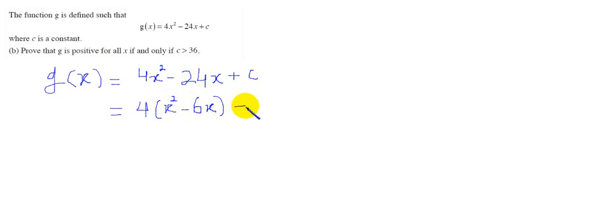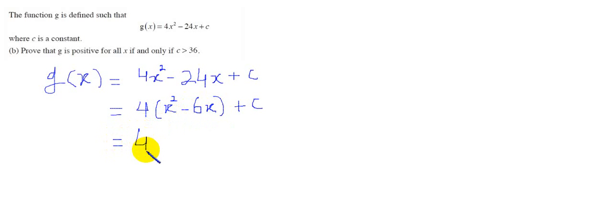Let's do it in the next step, otherwise you'll be confused if I do it here directly. Okay, so in the next step, what if I make this bracket a complete square? Let's give it a try and see if we can conclude something from it.